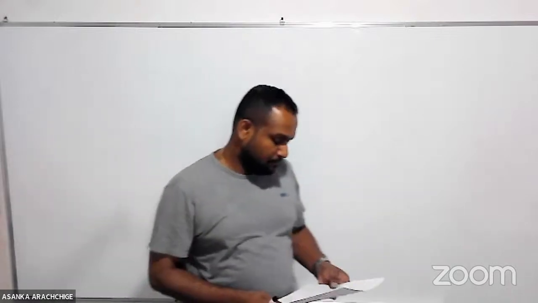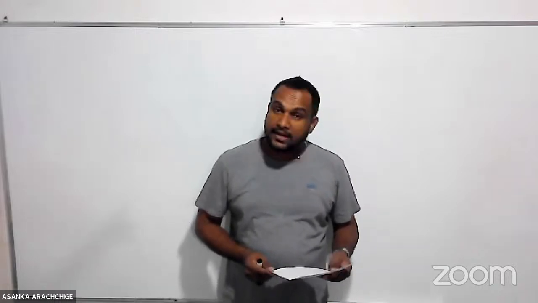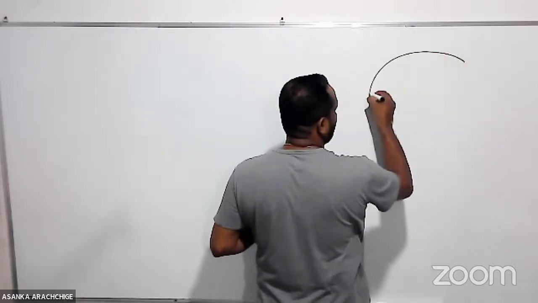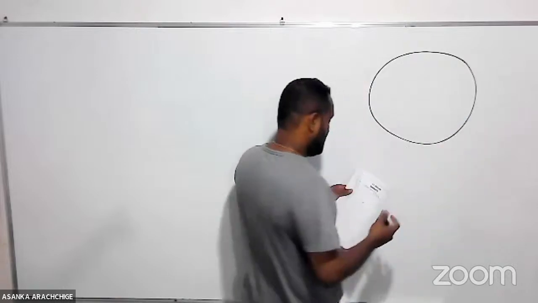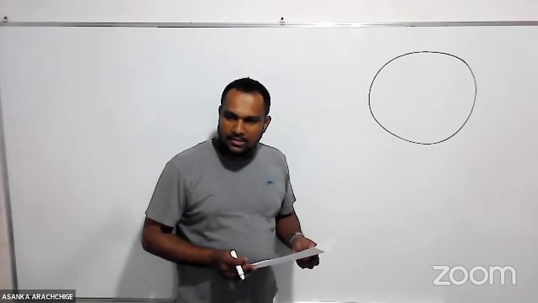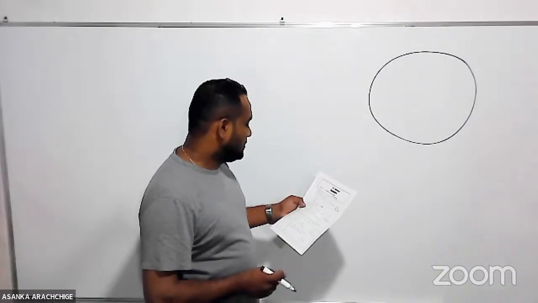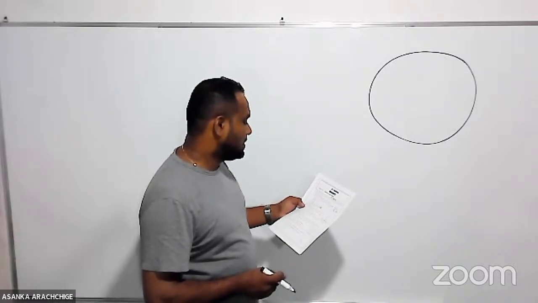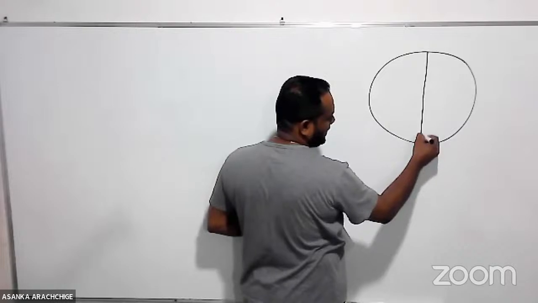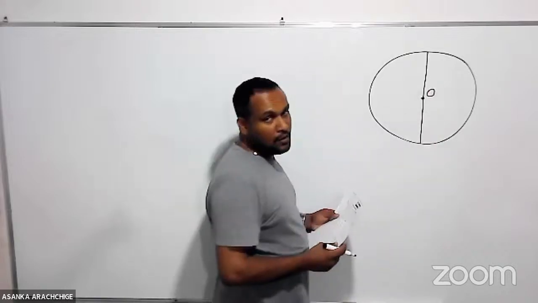Question number 2. AC is the diameter of the circle with center O. Again, a geometry question from the grade 10 syllabus, associated with circles. We are given that AC is the diameter of the circle with center O. This is the diameter, and this is the center of the circle, denoted as O in the figure.